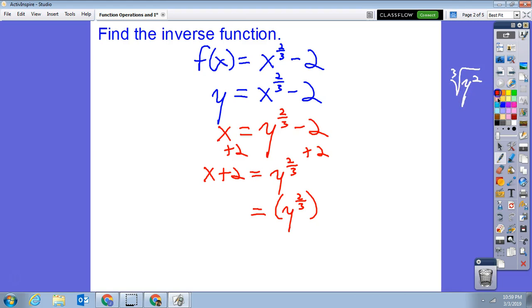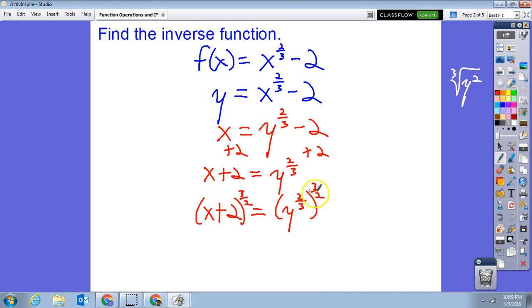But I gave you a shortcut. If you have this 2/3 power and you want to get rid of it, you can raise it to the 3/2 power. And what you do to one side, you got to do to the other. So you raise the other side to the 3/2 power. As long as you raise both sides to a power, that's okay. You're keeping the equation equal.